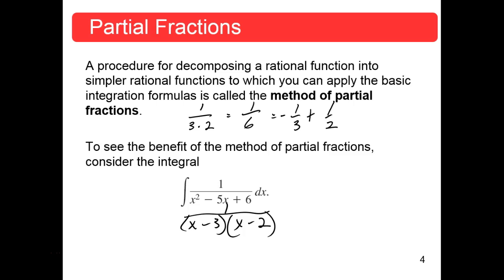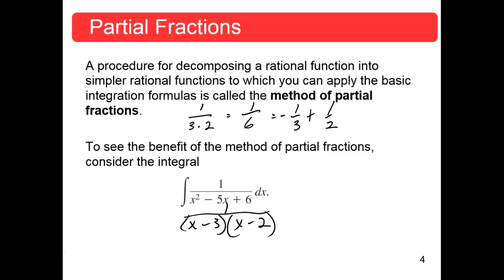I can't integrate that. But I can integrate something over this, that would be a log of this. And something over that would be a log of that, right? So that's the deal. Can we somehow get that fraction to simplify, and this is the first step, into some combination of fractions with those denominators?